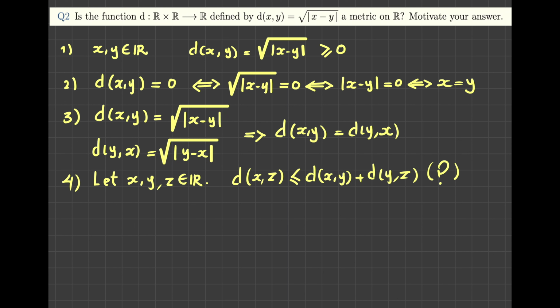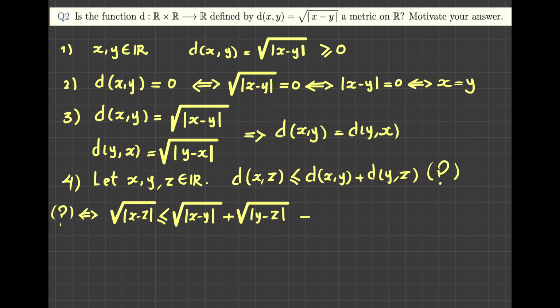The first thing I will do is translate this generic triangle inequality using the formula given for the metric. So the question mark is equivalent to saying that the square root of the absolute value of x minus z is less than or equal to the square root of the absolute value of x minus y plus the square root of the absolute value of y minus z.